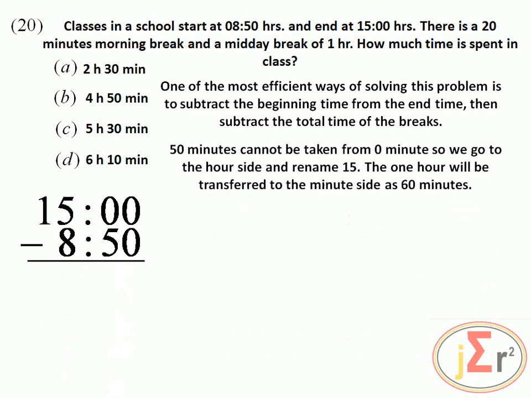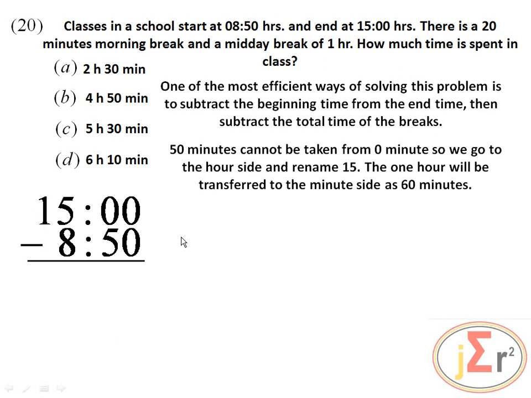The beginning time is what? 8:50 hours, and the end is 1500 hours. 50 minutes, we are going to subtract 50 minutes from this, which is 0 minute. We cannot do that, so we go to the hour side and rename the 15 hours to 14 hours.